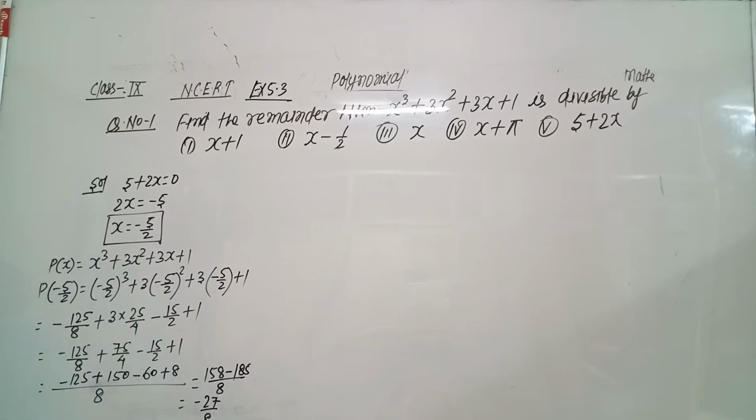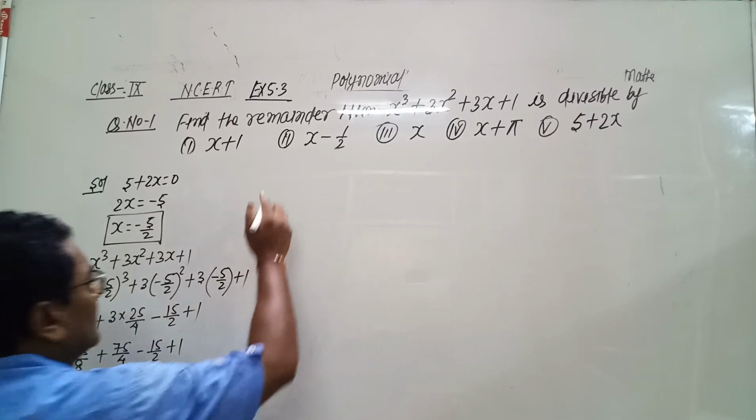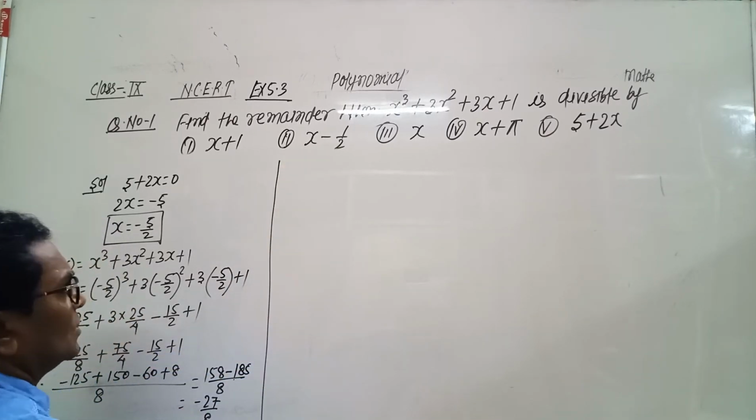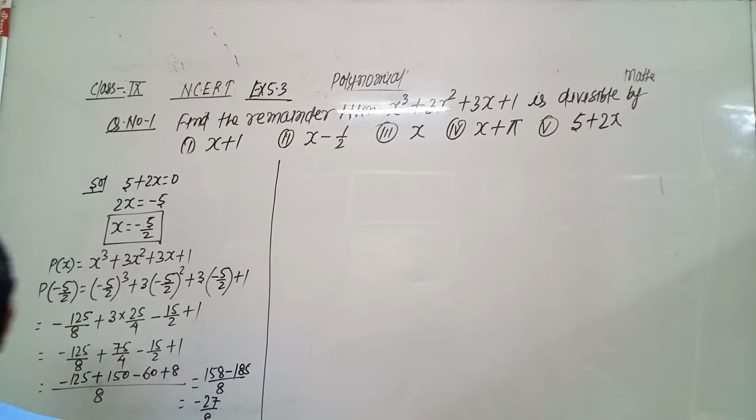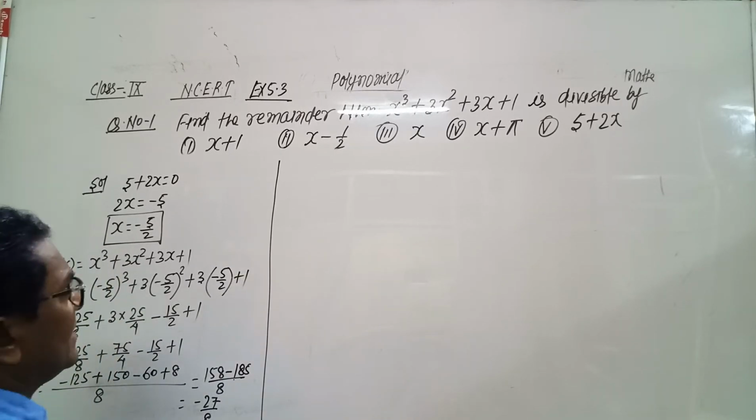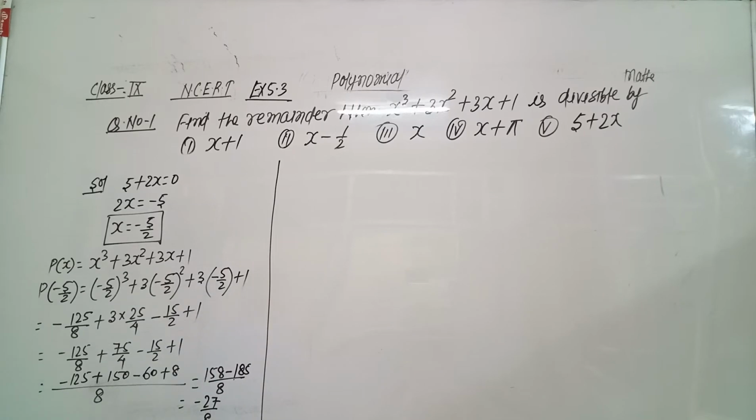Now by the division method we will do this question. We divide the given polynomial by 5 plus 2x.